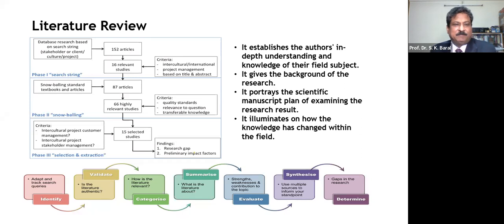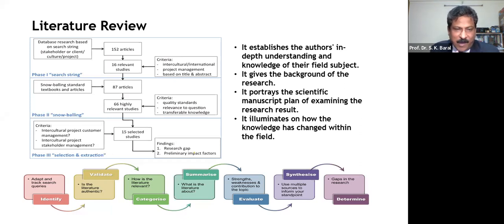Then the second step is that there are many other standard books and articles also, sources like daily publications, journals, other forms of textbooks and edited books. So many things are available.